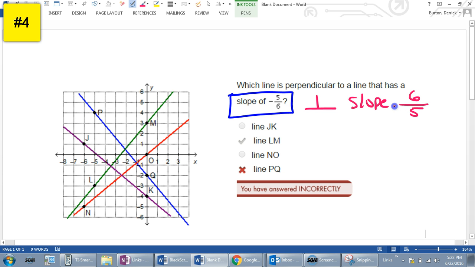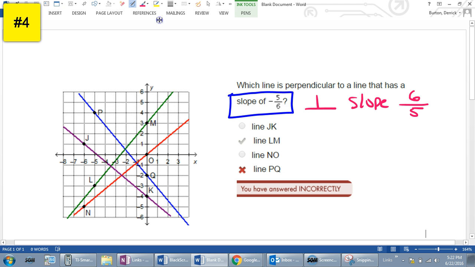So they're asking which one of these lines has slope 6 over 5. Now remember what we talked about, positive versus negative. At a glance, which of these colors are positive slopes? That would be the green one and the red one. So immediately we can forget about the blue and the purple. They're gone. We just focus on the green and the red, and count to see which one does 6 over 5.